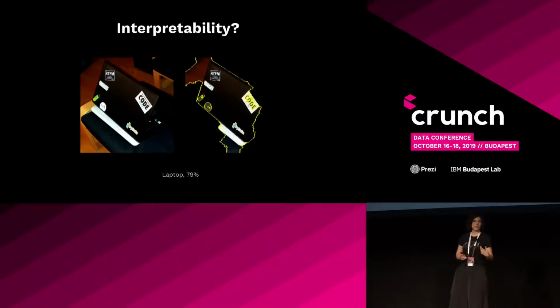So if you use tools like Lime or SHAP, you're able to do what's called an occlusion sensitivity test. So you feed your network and you take a look at what the model is focusing on when it's making predictions. You can see here how when I feed my original image and I get the correct prediction of a laptop, the model is focusing on where any human would look to identify a laptop, right?